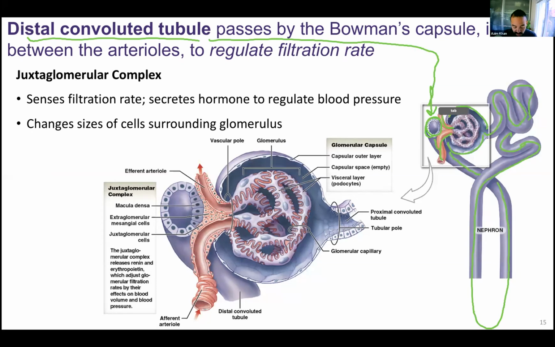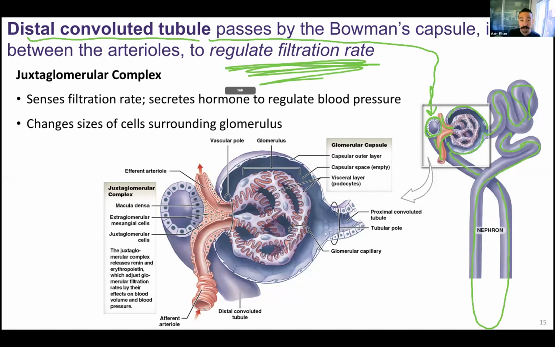The distal convoluted tubule passes right by the Bowman's capsule. It does this because there are special cells here that sense filtration rate. You'll learn more about that in physio. But there are special cells here in the distal convoluted tubule that sense how much we're filtering at a given time. We want to regulate filtration rate.